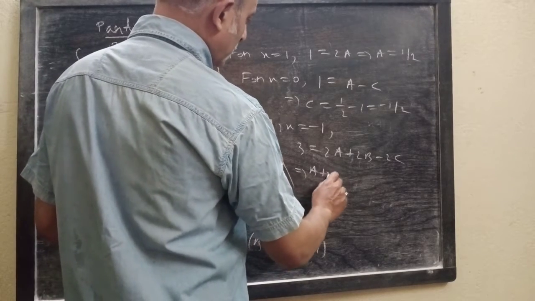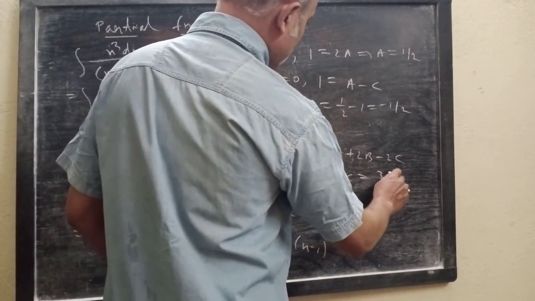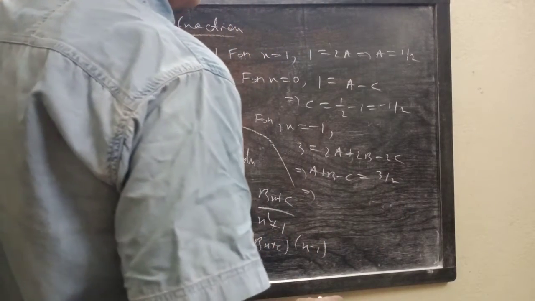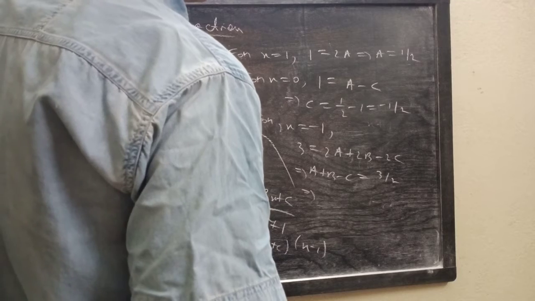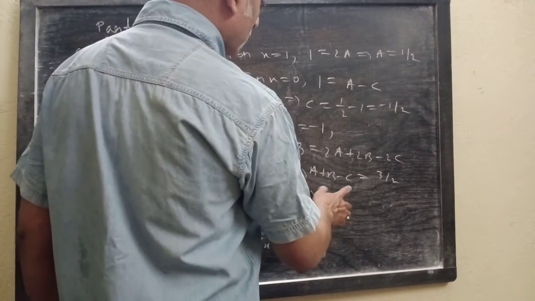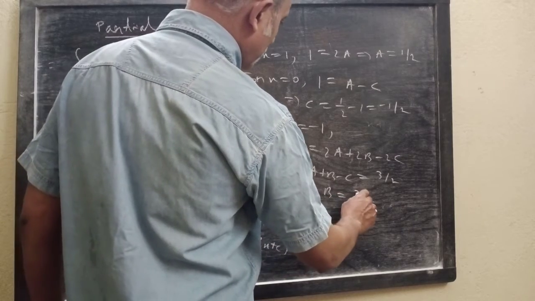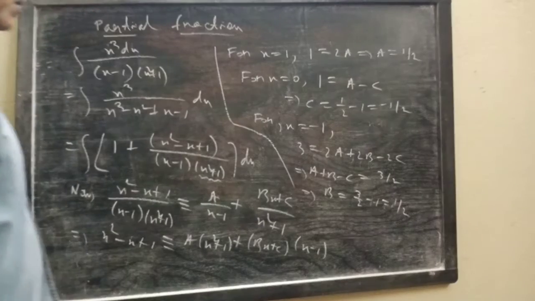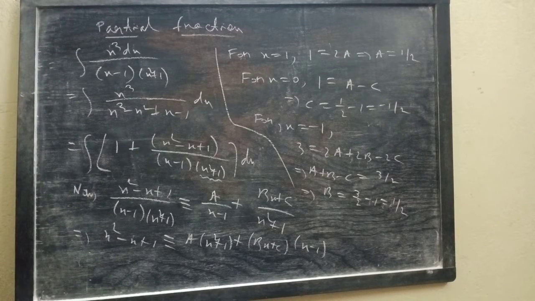So you get a plus b minus c is 3 by 2. You get a is half, c is minus half. So half plus half 1. So b equals to 3 by 2 minus 1, that is half. So we get the values of all the three constants.